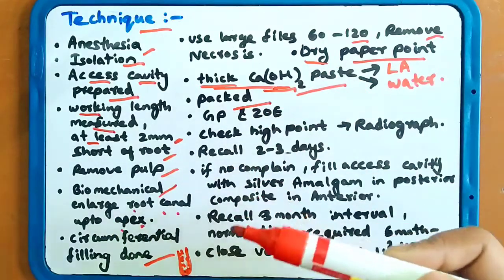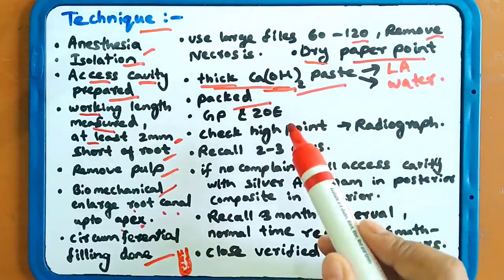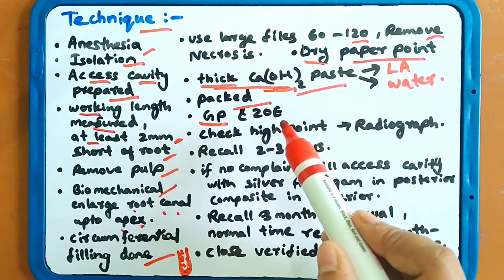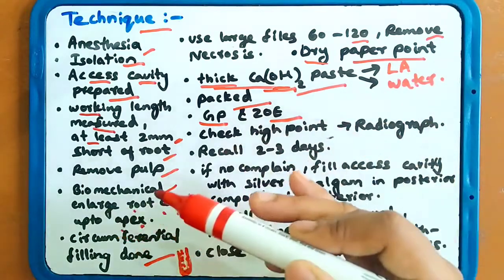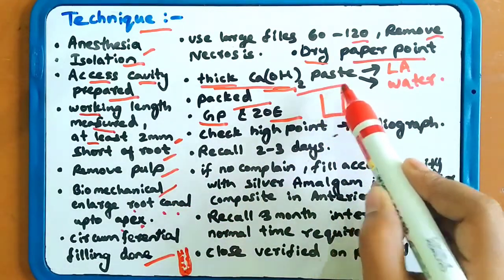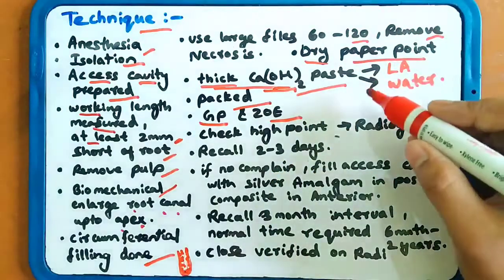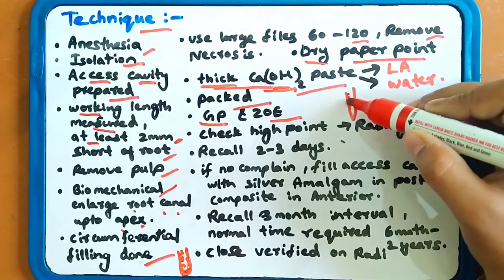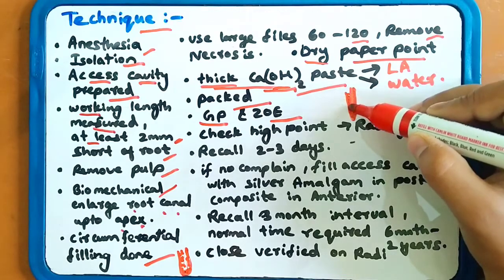Then a double seal is applied: gutta-percha, and ZOE cement outside it. Just think that this is your root, you add calcium hydroxide here, put gutta-percha here, then cover it with ZOE material.